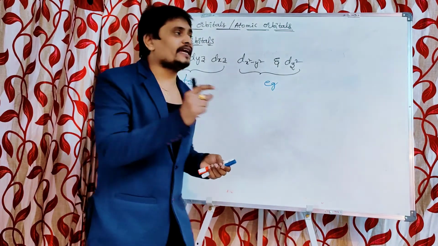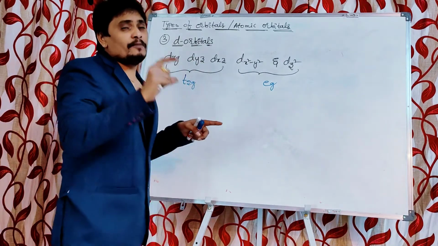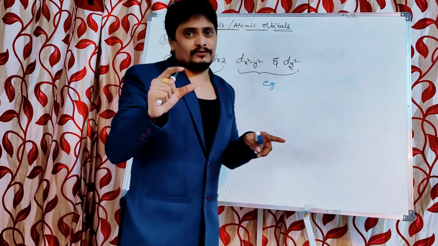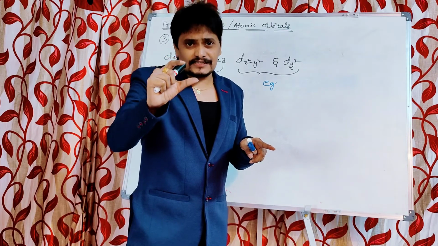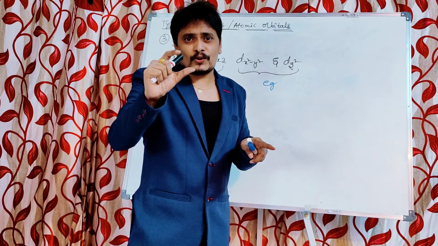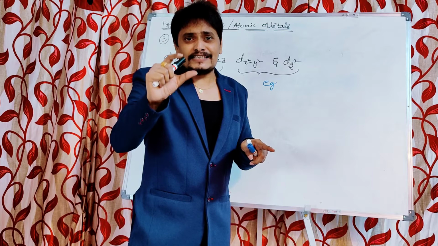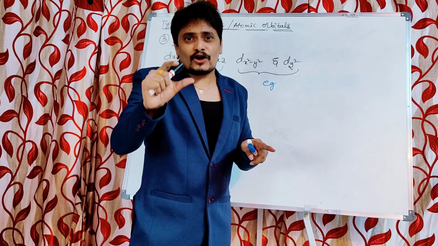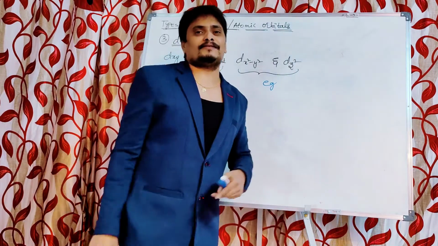What do you mean by lobes? Already I discussed with you that lobes represent the location of electrons. That is, in the case of the T2G set of d orbitals, the electrons are located in between the axis, whereas in the case of the EG set of d orbitals, the electrons are located along the axis.